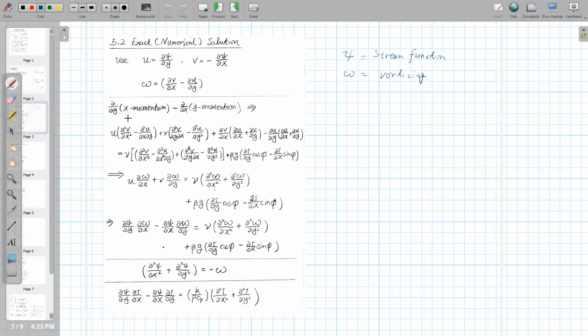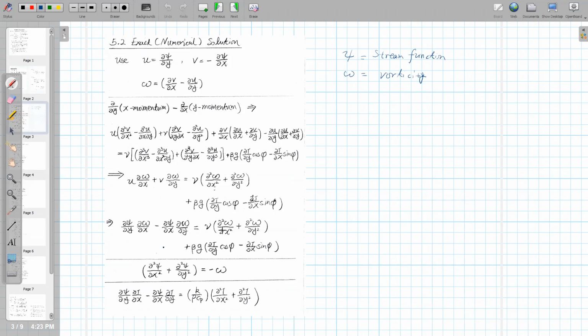So you can group the terms together, and by using the vorticity definition, the final result will be this one. We also use the stream function to replace u and v, so the result only contains psi and omega.